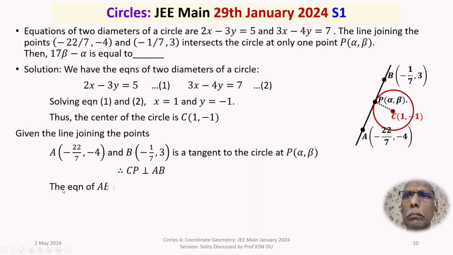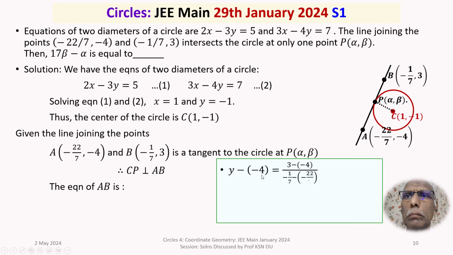So the equation of AB is, the coordinates of A are known, coordinates of B are known, so write down the 2-point form of a straight line. So here you have y minus of minus 4 is equal to y2 minus y1 by x2 minus x1 into x minus x1.